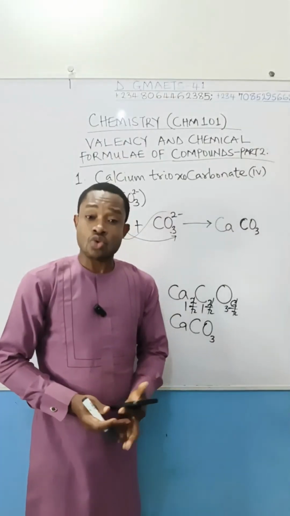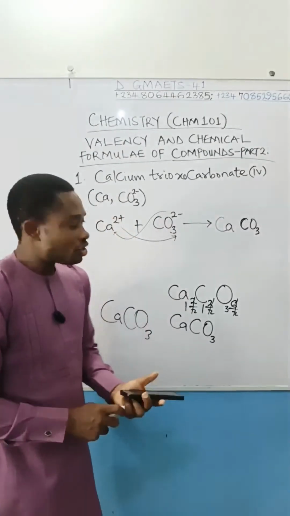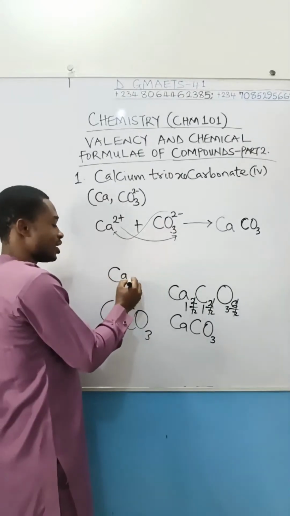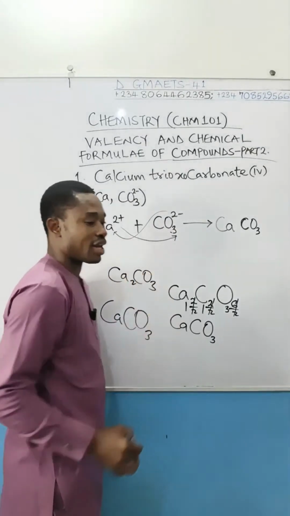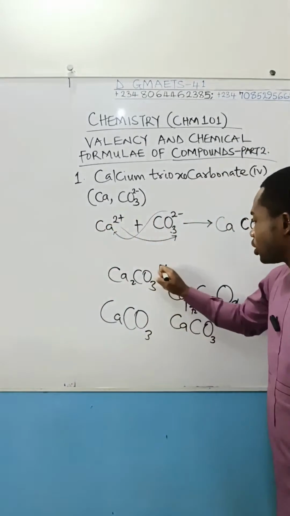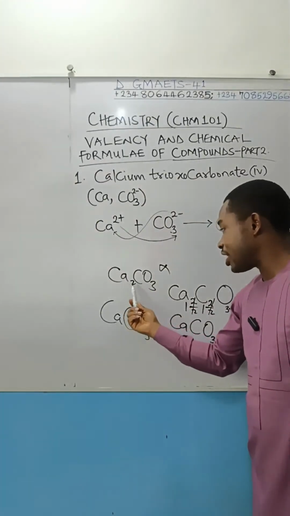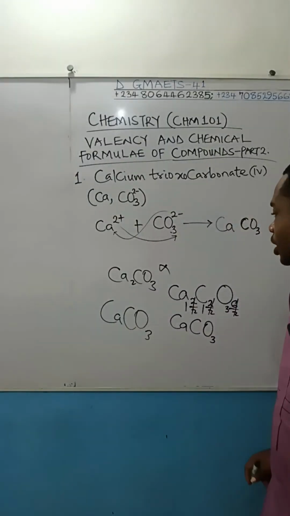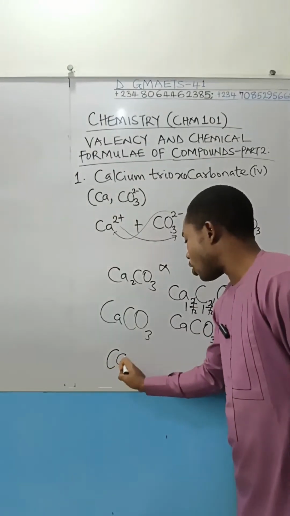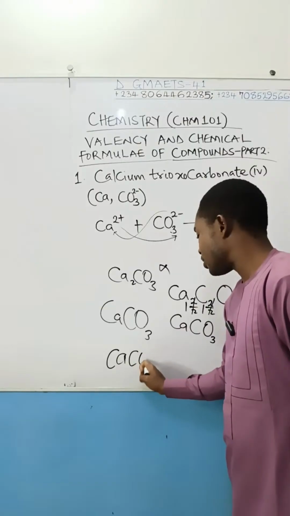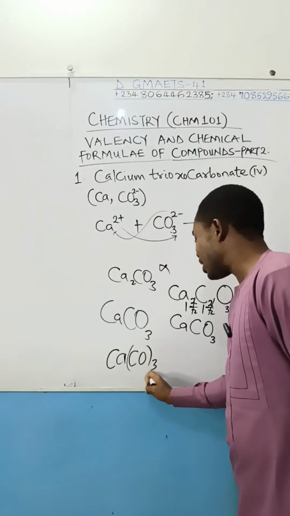Anything else is wrong. Calcium trioxocarbonate 4 is not written like this. It's not written like this. This is wrong. The atomicity of calcium there is not 2. And calcium trioxocarbonate 4 is not written like this.